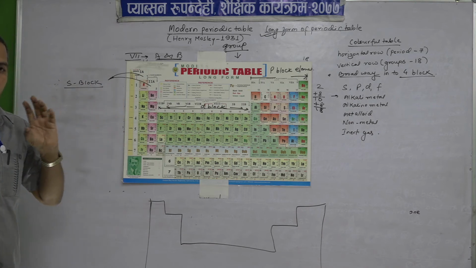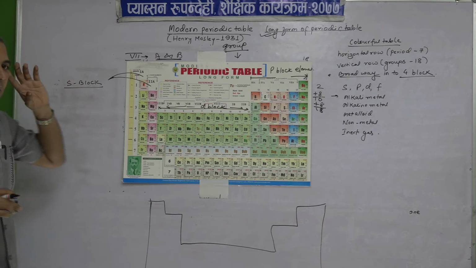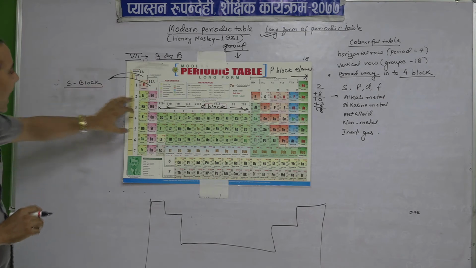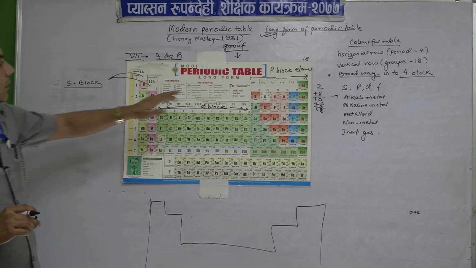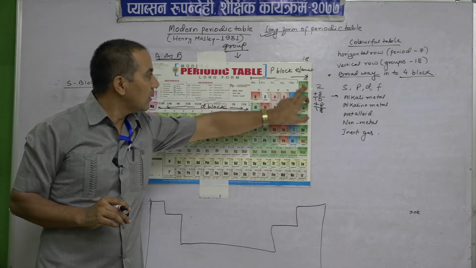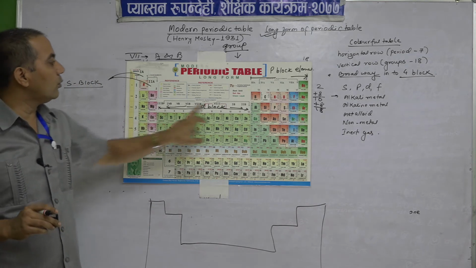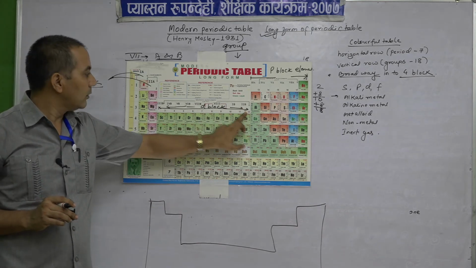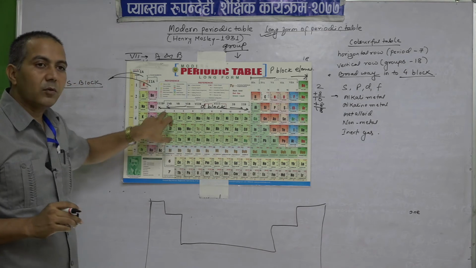We will discuss that a bit later. But for now, remember that 1 and 2 are known as S block elements. The 3A to 0 group is known as P block elements, and 3B to 2B, the middle one, 3 to 12, is known as what?